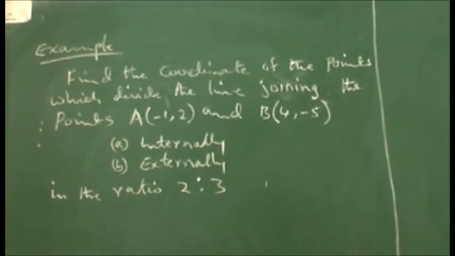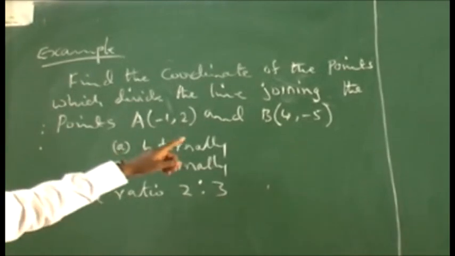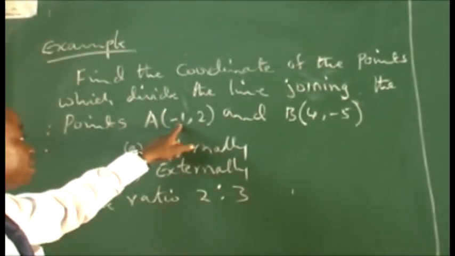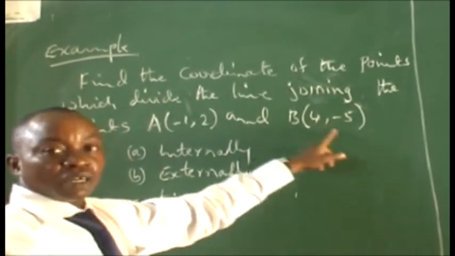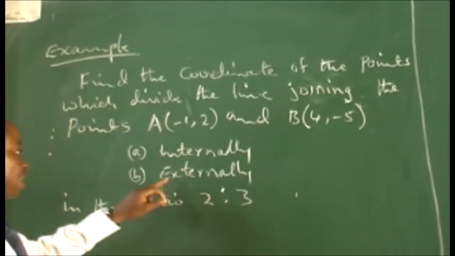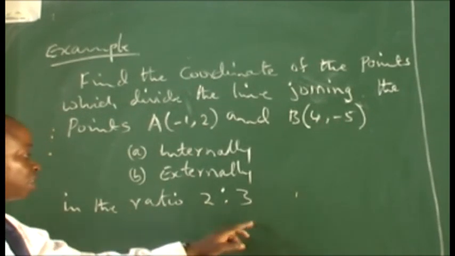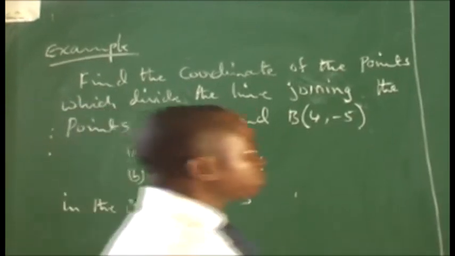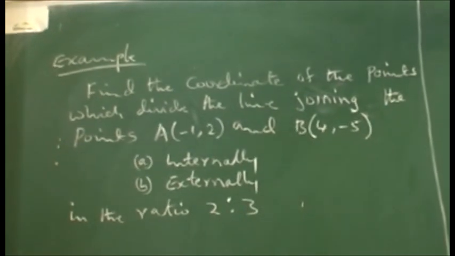Find the coordinates of the points which divide the line joining the points A (minus 1, 2) and B (4, minus 5) internally and externally in the ratio 2:3. So first, we want to take the solution.